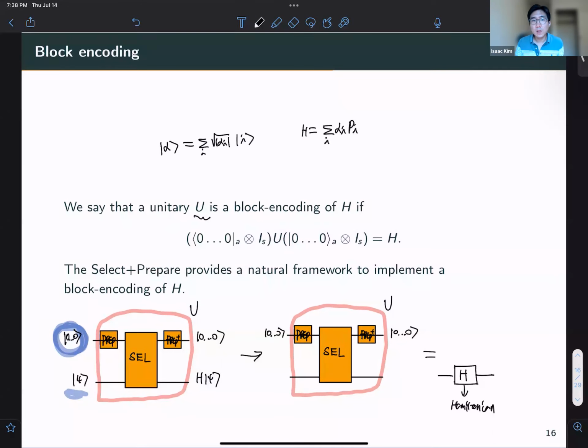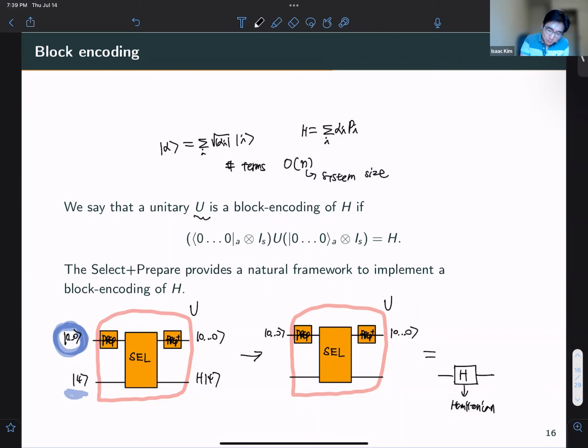So if you have a locally interacting quantum spin system, for example, then the number of terms will be O of n, where n is the system size, usually, unless there's some long-range interaction.